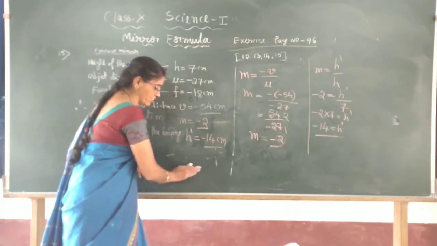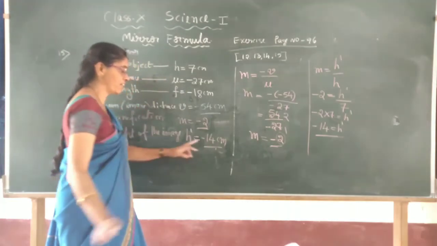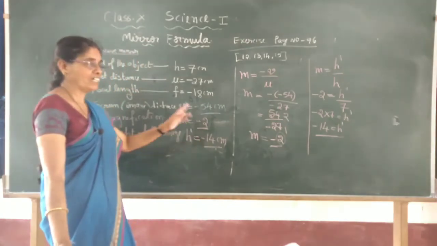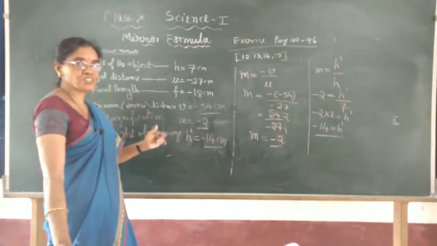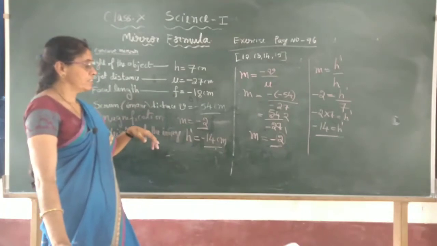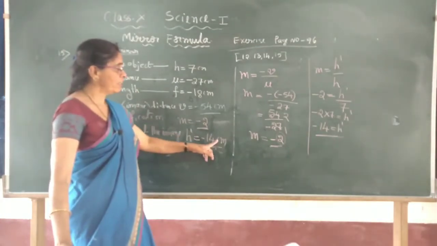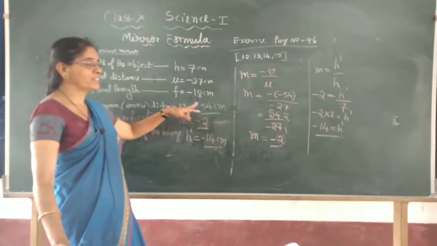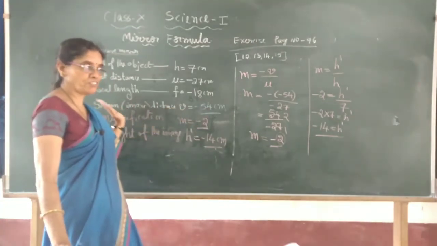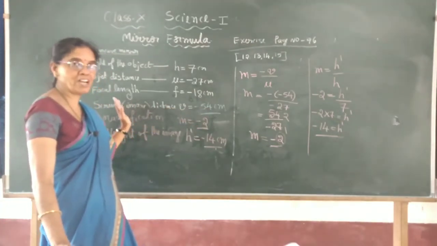It is real, and real means inverted image, that is why it is a negative value. Enlarged real inverted image of height 14 centimeter, formed 54 centimeter away from the mirror. So at 54 centimeter away, you have to keep the screen.